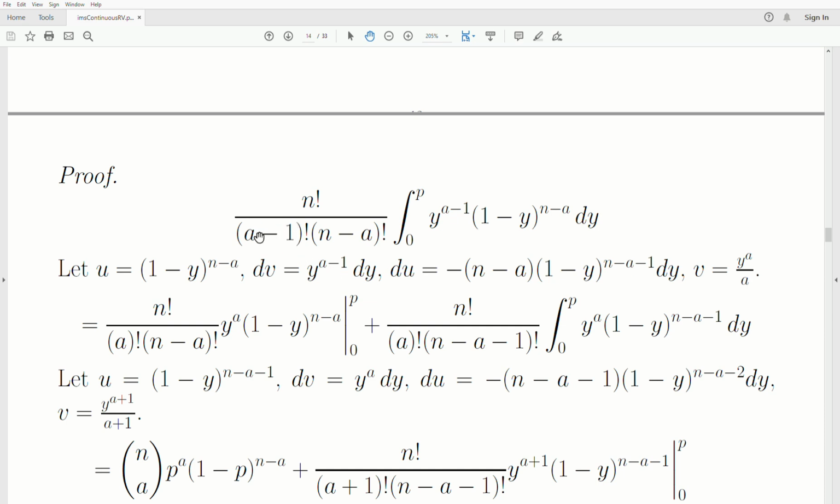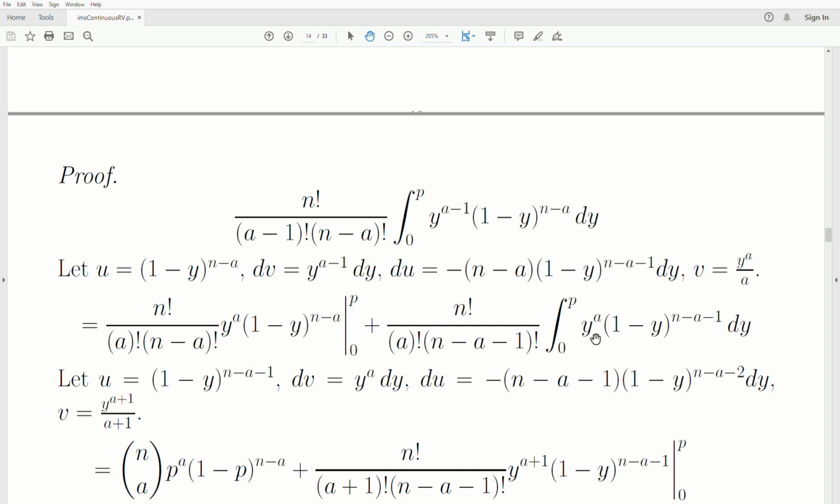We're going to add it to this factorial, and it becomes a factorial. And in this second piece, of course we evaluate it from 0 to p, and the n minus a on this piece is going to take away one of these. You see that here. Now this usually is a minus, but it cancels with that minus. And this is v du.